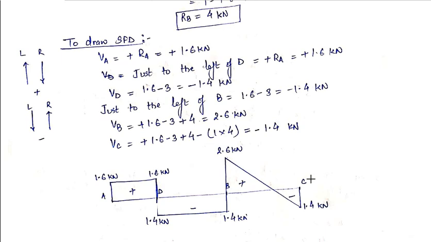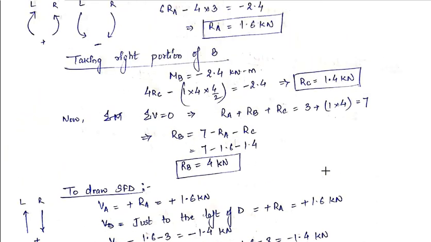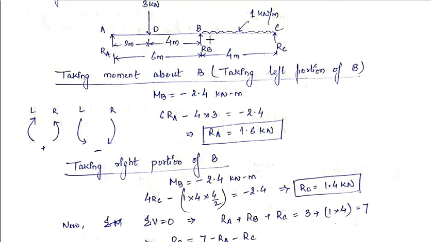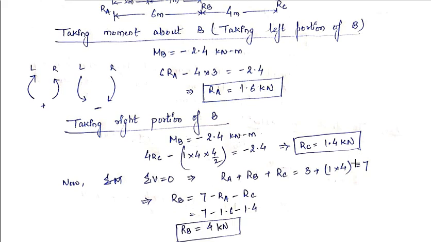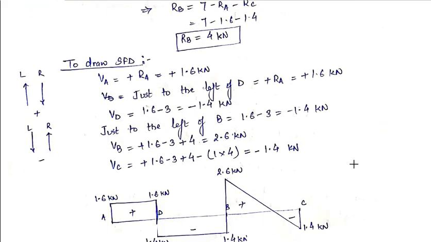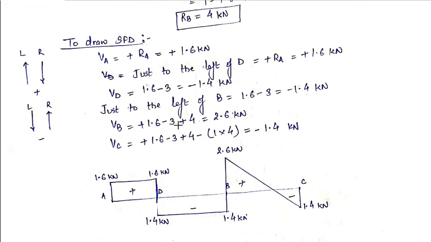At point C, the value was minus 1.4, so plot a point 1.4 below the axis and join these 2 points by a straight line. If you remember, the shear force diagram for a point load and for a UDL is a straight line. So after plotting the values and joining these points, we will get the shear force diagram.